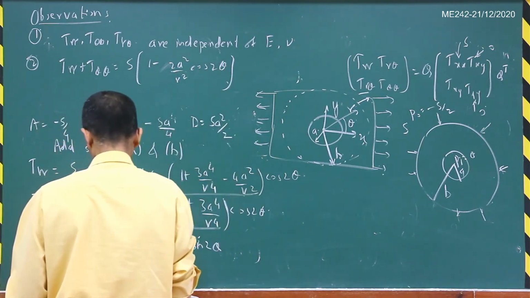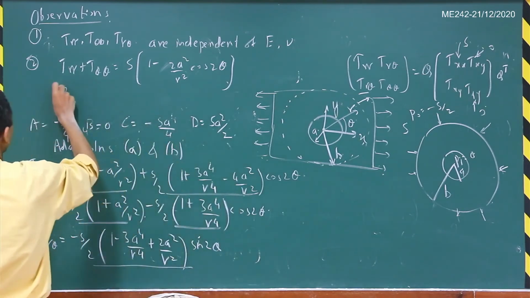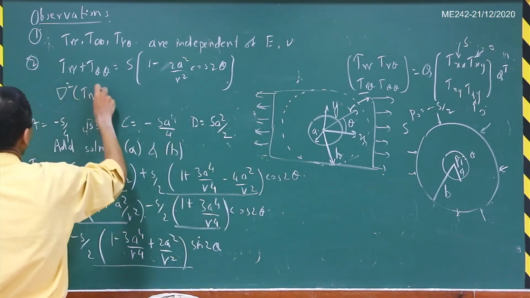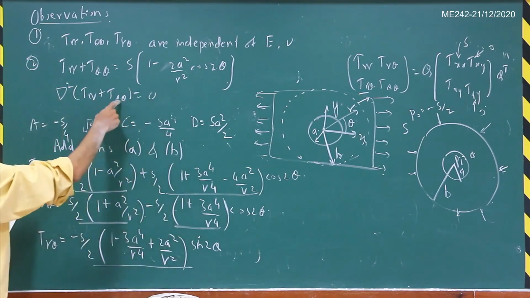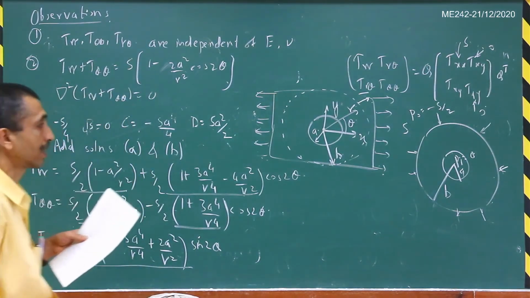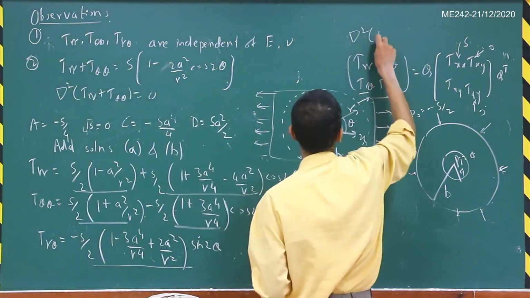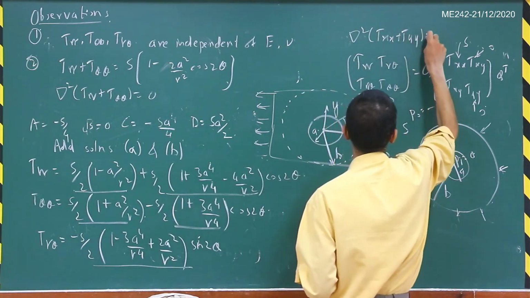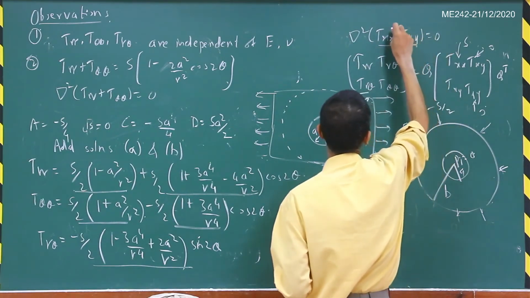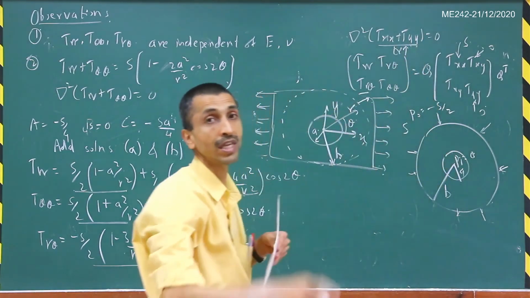And so from this, we can see that your del square of tau r plus tau theta theta is equal to 0. So if you recall, this was the governing equation, right? We had del square of tau xx plus tau yy is equal to 0, correct? But this is nothing but trace of tau, and trace of tau is an invariant, correct?